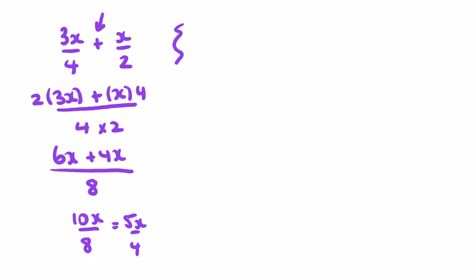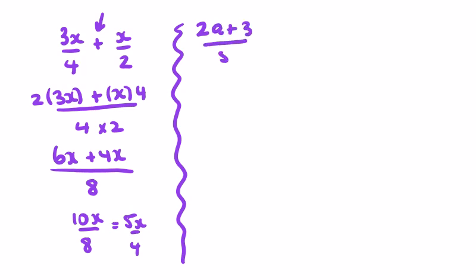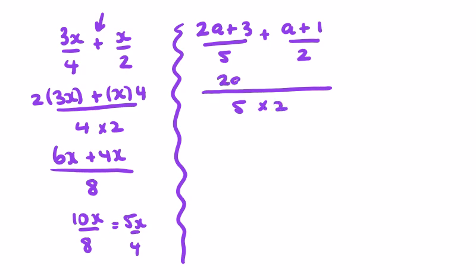It could be a minus sign, there will be some minus signs in them. So we can also change the letters up. They don't always have to be x. It could be a or b. So what about 2a plus 3 over 5 plus a plus 1 over 2. So you can't see the answer. So just follow the rules. Multiply 5 by 2. Multiply 2a plus 3 by what it's not over, which is 2. Keep the sign.